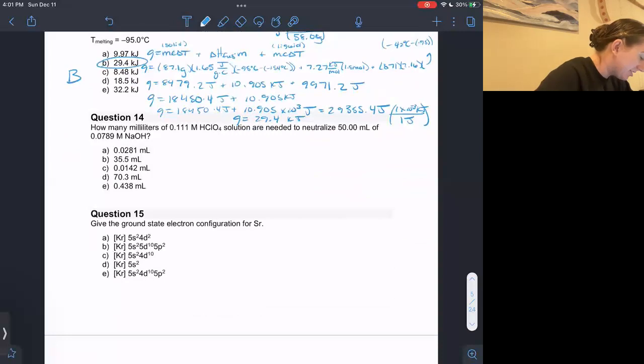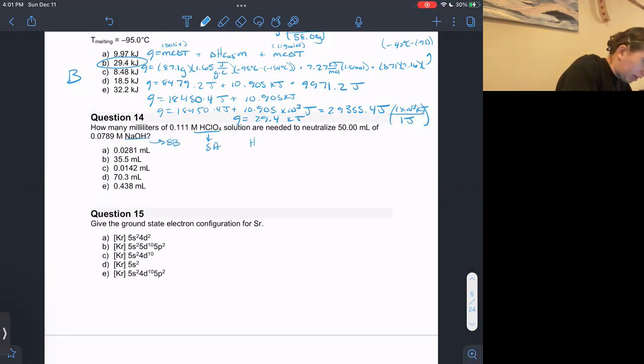Okay, how many milliliters of 0.111 molar hydrochloric acid solution are needed to neutralize 50 mils of the sodium hydroxide solution? Okay, so I recognize this as a strong acid and this as a strong base. So I'm just going to write out the neutralization reaction.